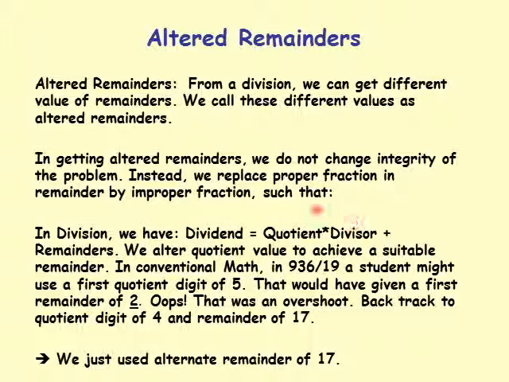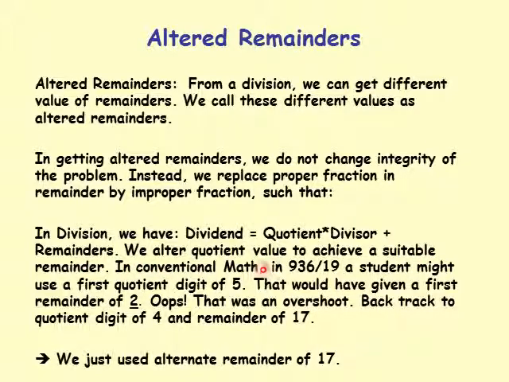Dividend and divisor are in the problem domain, and quotient and remainder are the solution domain. So if we alter the quotient value, we maintain the integrity of this problem: dividend equals quotient times divisor plus remainder. So we adjust the quotient and remainder so that the integrity stays. So we alter the quotient value to achieve a suitable remainder.